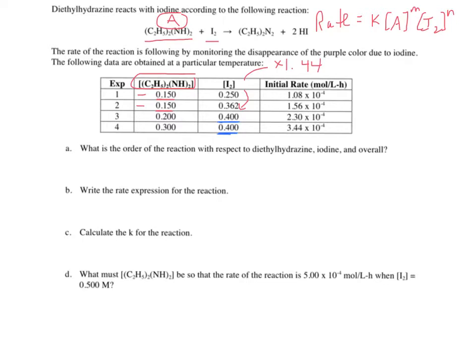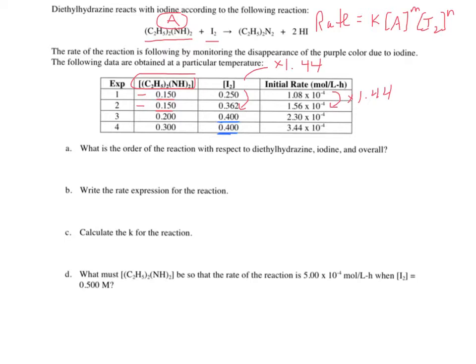At the same time, the rate goes from 1.08 times 10 to the minus 4 to 1.56 times 10 to the minus 4. And again, if you divide that out, the bigger number divided by the smaller, you get times 1.44.